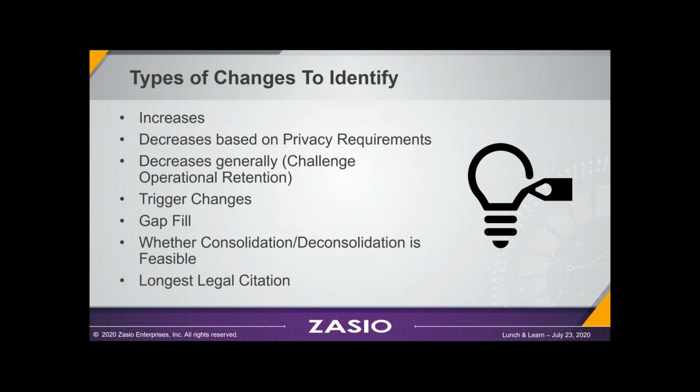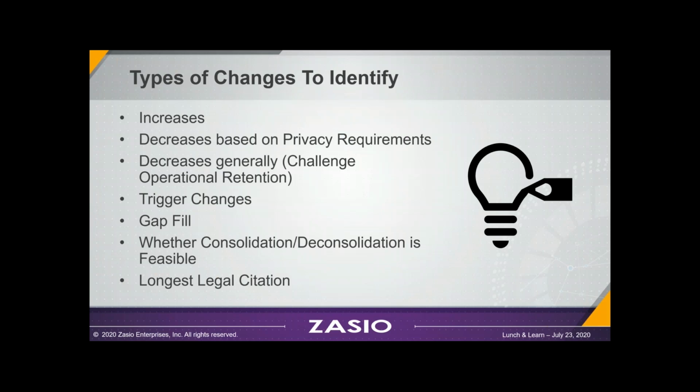They think of every potential contingency that they might need those records for. And that's not really going to the true operational need of the record. And so decreases generally, I think, are going to become more and more important in digging into the actual operational need for the record. And especially in the privacy context, it's going to be something that everyone is going to be moving towards.